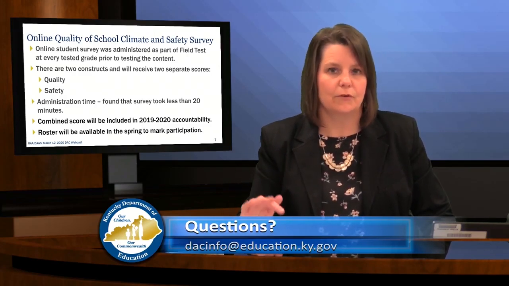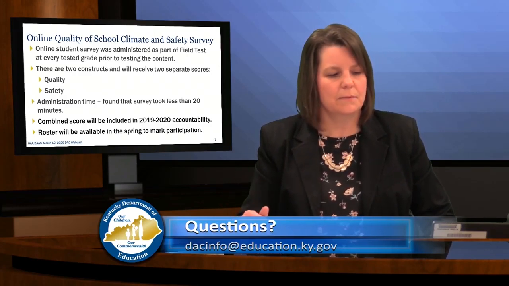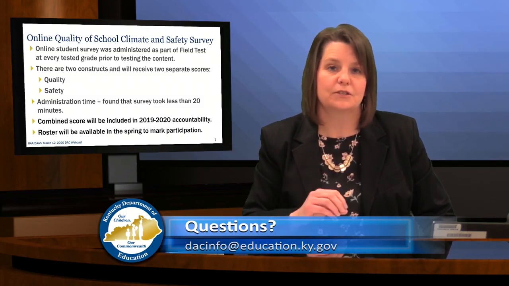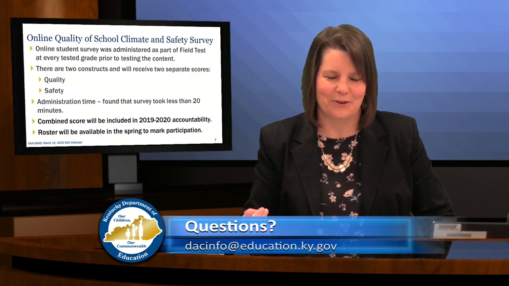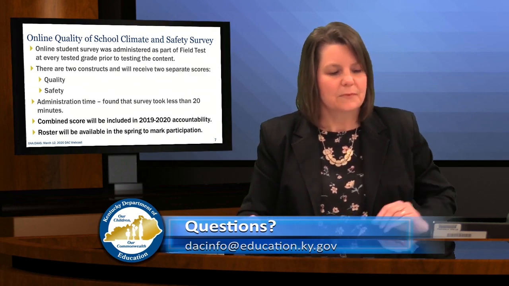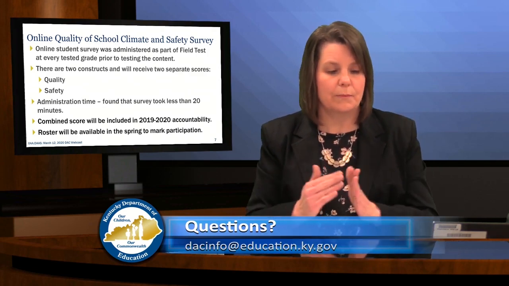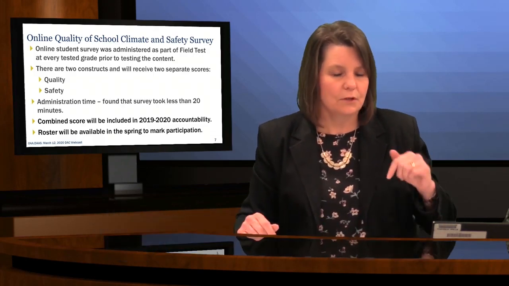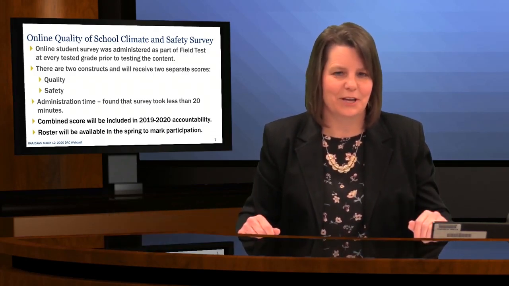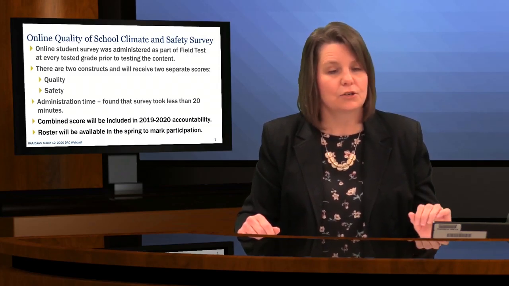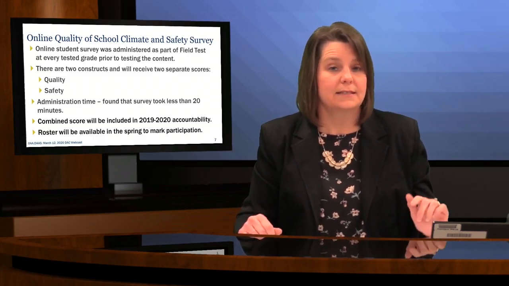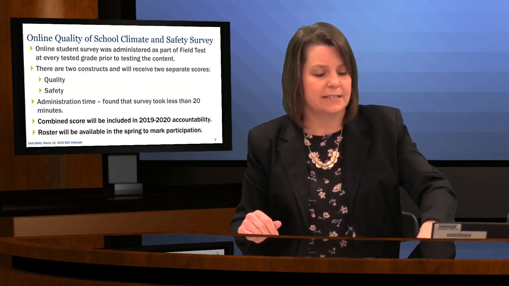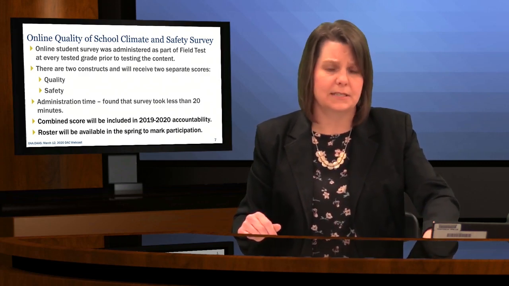So you'll have information on each of the questions of the survey by student demographic group. So again, the combined score will be included in accountability at that 4% for the 1920 school year. And a roster will be available this coming spring in SDRR to mark participation.